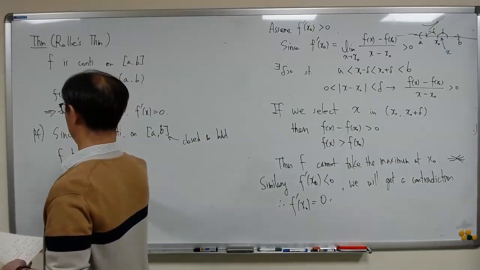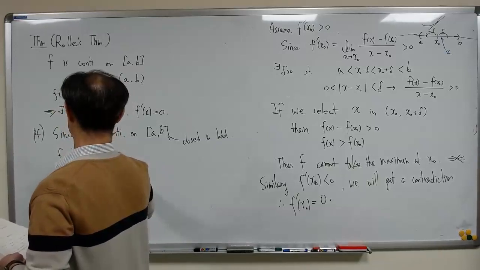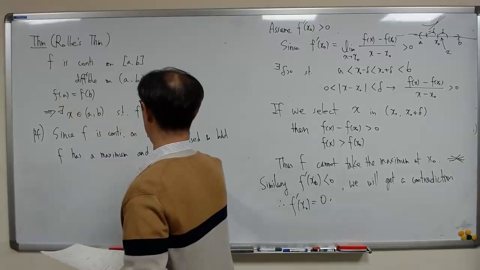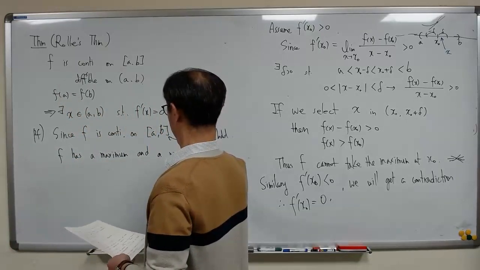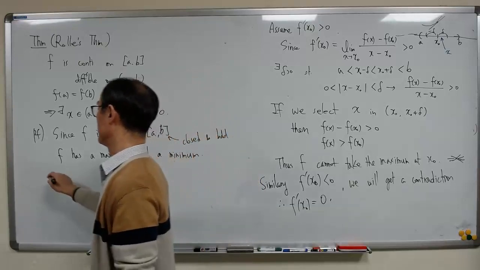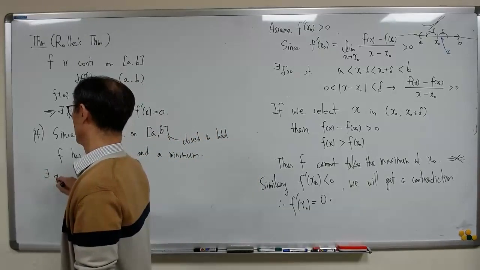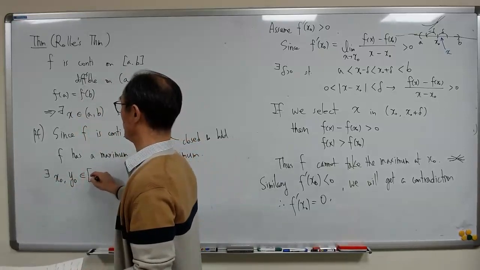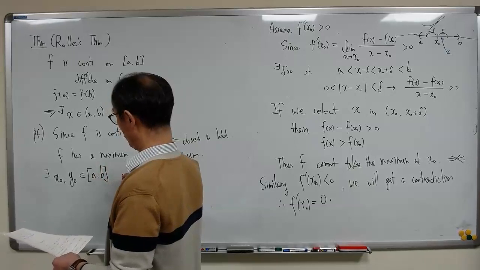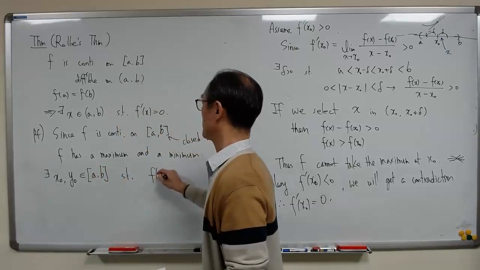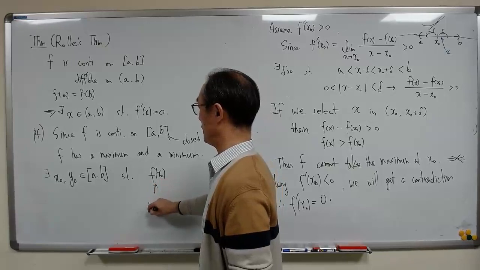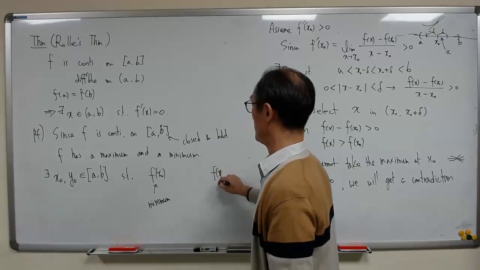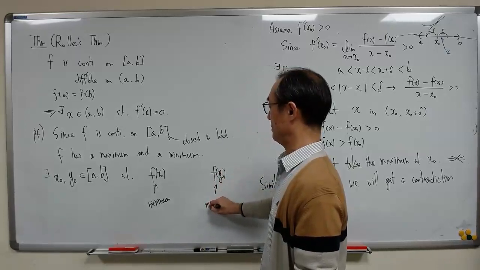F has a maximum and a minimum. So there exists x naught and y naught in the closed interval from A to B such that f of x naught is the minimum and f of y naught is the maximum.